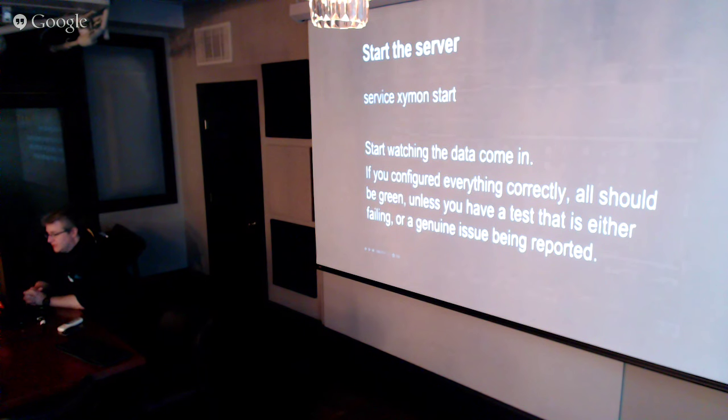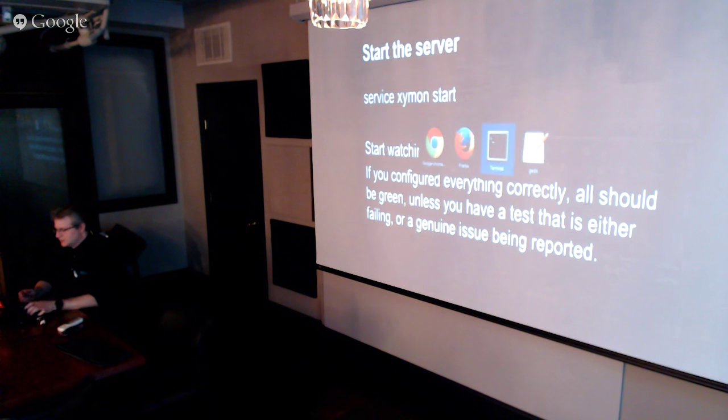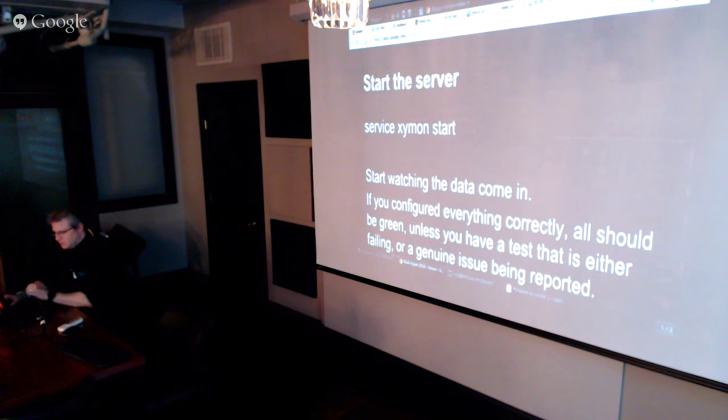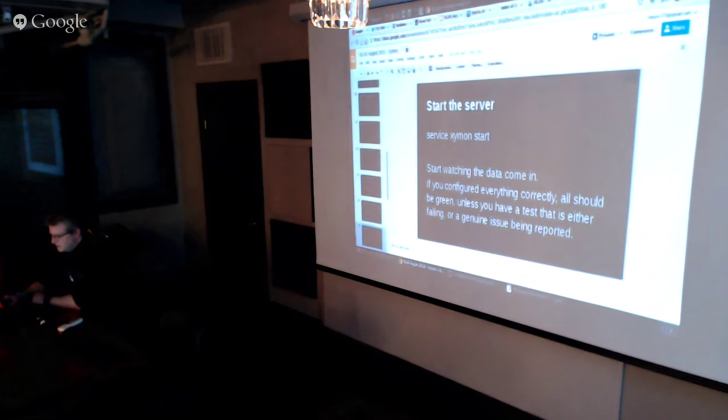So yeah, if you configured everything, it should be green, unless you have a test that is failing or a genuine issue being reported. So for the most part, I have a test that's failing. I didn't test that portion of it. But you know, not everything's perfect. It's just a matter of going through everything and making sure it comes up.